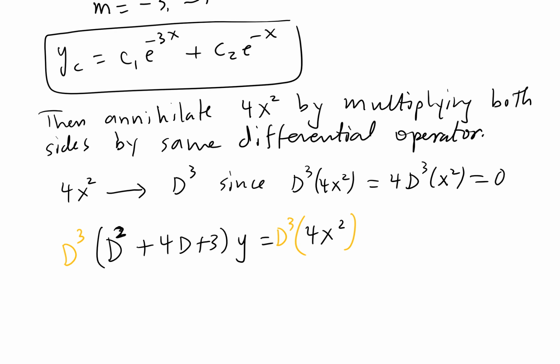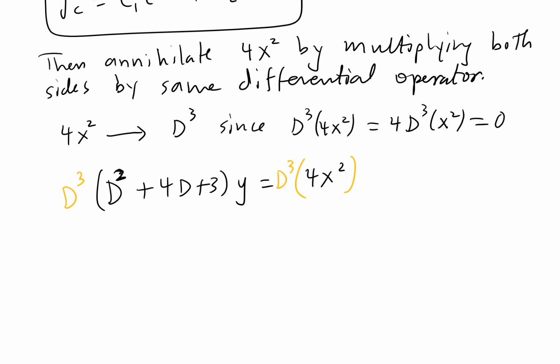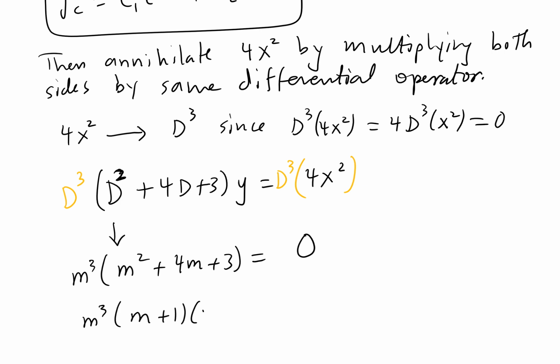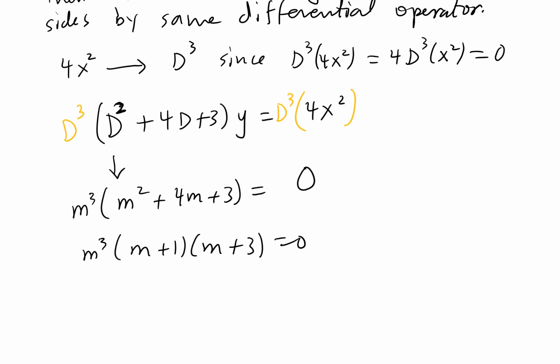The right hand side is 0. The left becomes, thinking of it as the characteristic equation again, m cubed times m squared plus 4m plus 3 equals 0. Then this is m cubed, m plus 1, m plus 3 equals 0. We solve: m equals 0, 0, 0, negative 1, or negative 3.